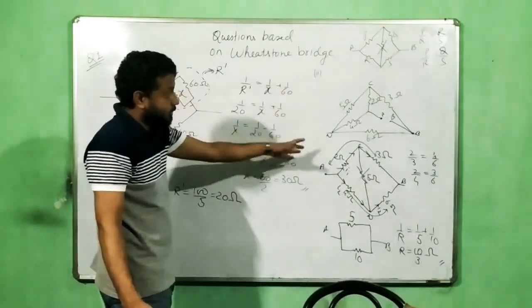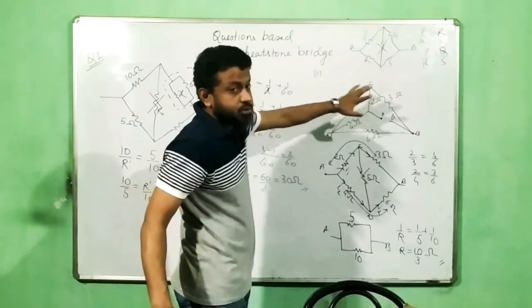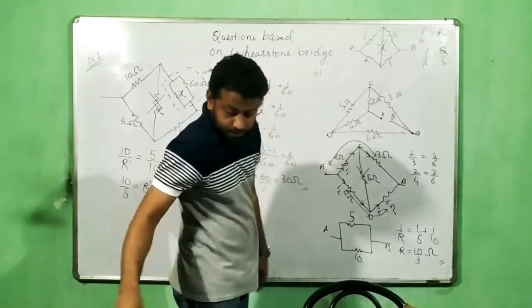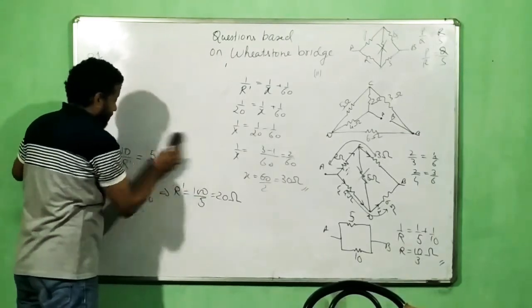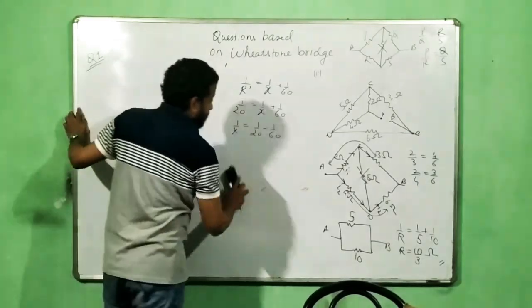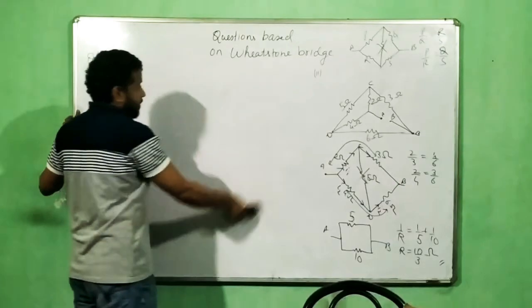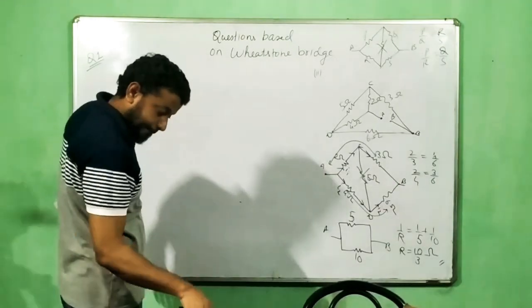Okay, so that's question number 2. So this is also a wheatstone bridge in this shape. Question number 3.